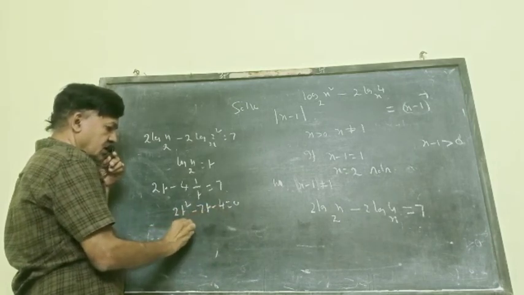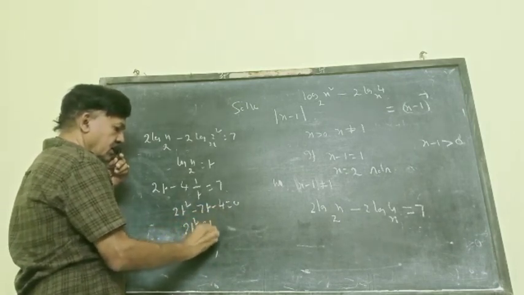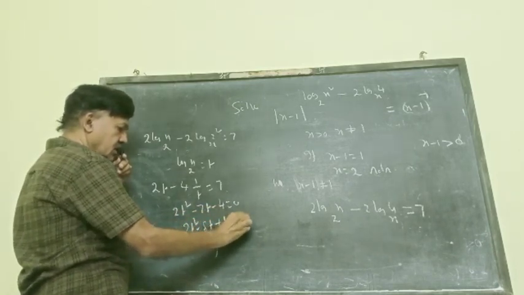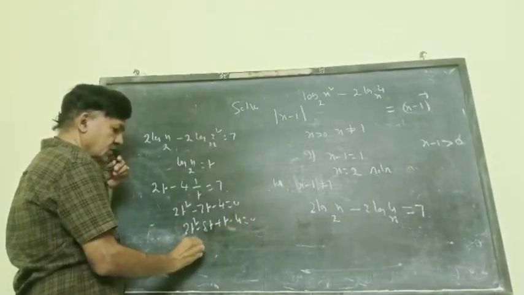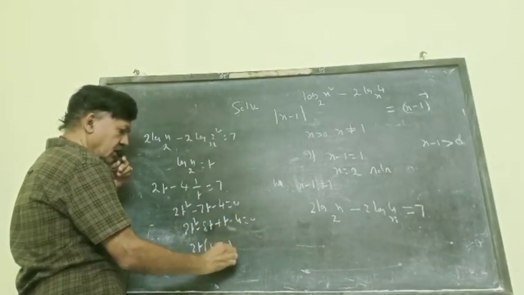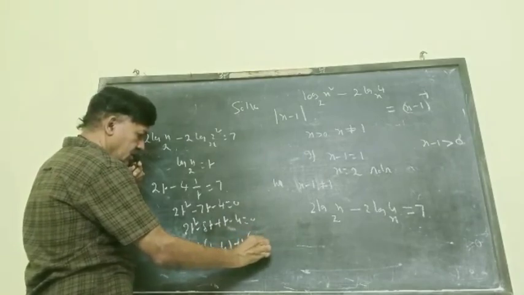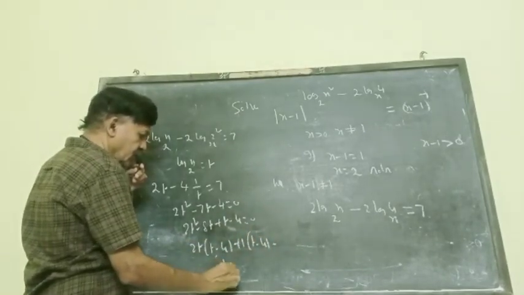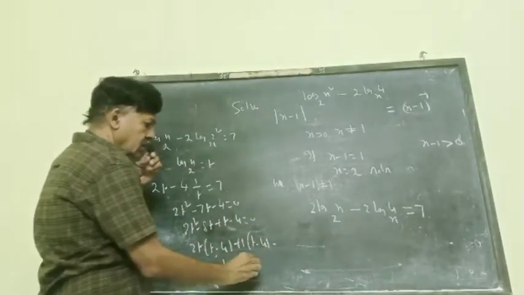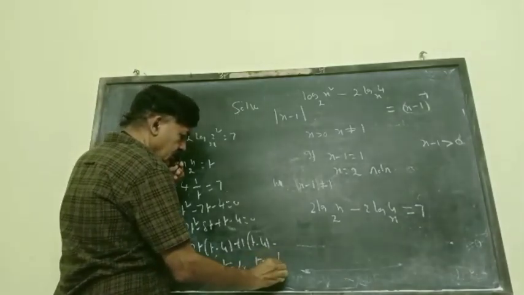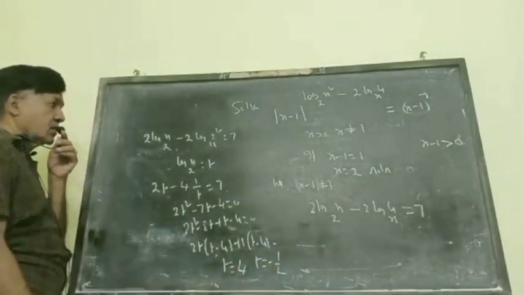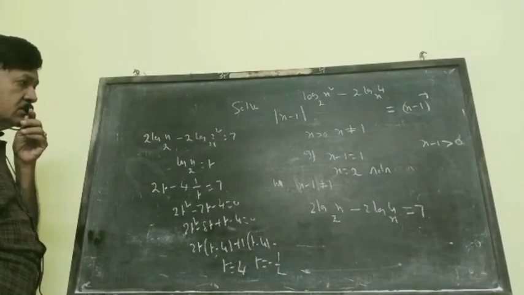So 2 4 is 8. So 2t square minus 8t plus t minus 4 is 0. So 2t into t minus 4 plus 1 into t minus 4 is 0. T is 4. T is equal to minus 1 by 2.